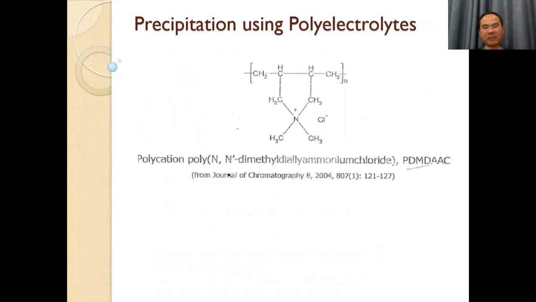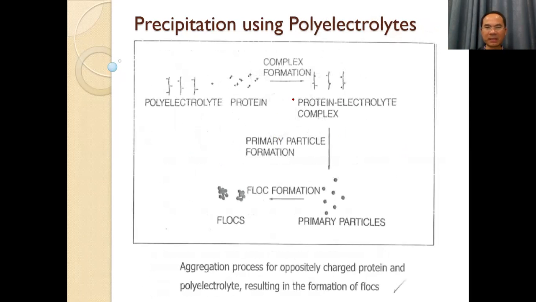We can also utilize polyelectrolytes. Previously we talked about non-ionic polymers, but this is an ionic polymer, a molecule with charge, which can also reduce the solubility and cause precipitation. If we add a polymer with ionic charge to protein, the surface of the polymer has charge and the protein also has charge.